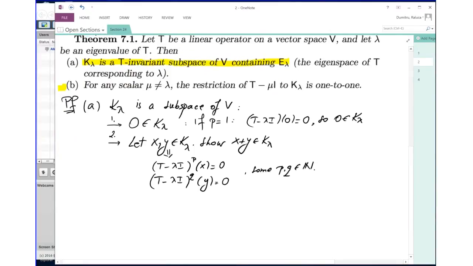Okay, but now I want to find a positive integer such that that power of T minus lambda identity, when applied to x plus y, will give me 0.